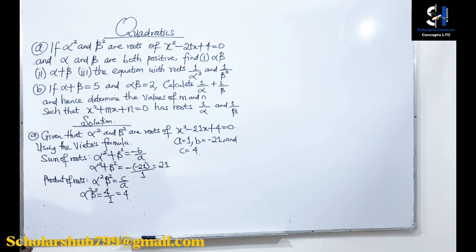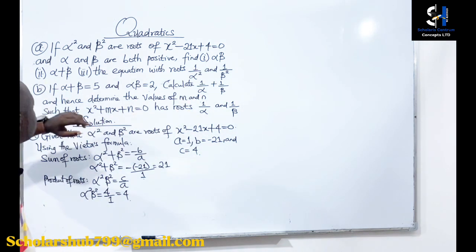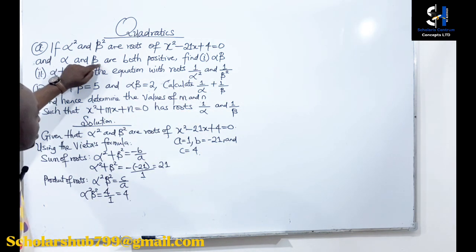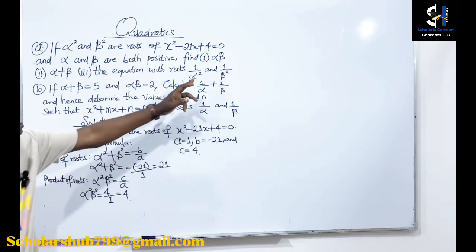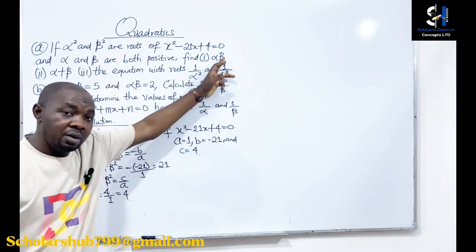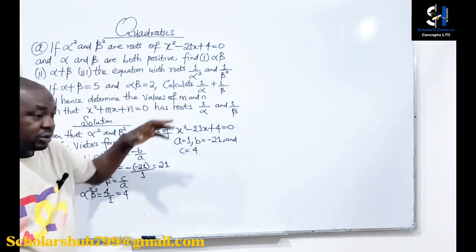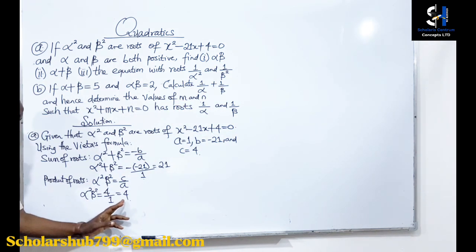But in the question, we are told that alpha and beta are both positive. So to find the value of alpha beta, we have to take the positive square root of 4.